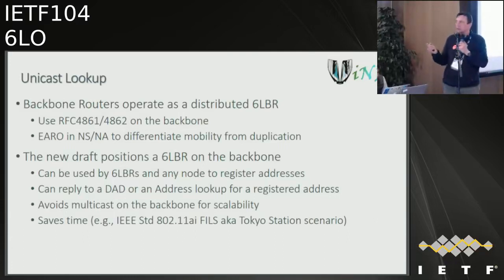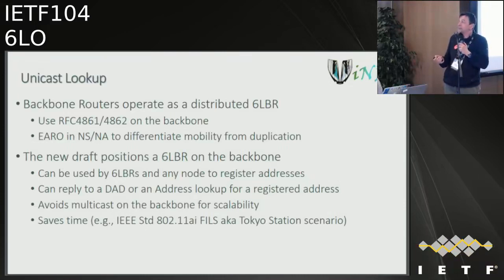And right now, you basically need a proprietary or semi-proprietary protocol to populate this map server or map resolver. But it's outside of the domain of neighbor discovery, and neighbor discovery cannot benefit from it. What this is proposing is that you use a variation of what we already have in this series of drafts to populate this 6LBR and make it completely vendor independent.